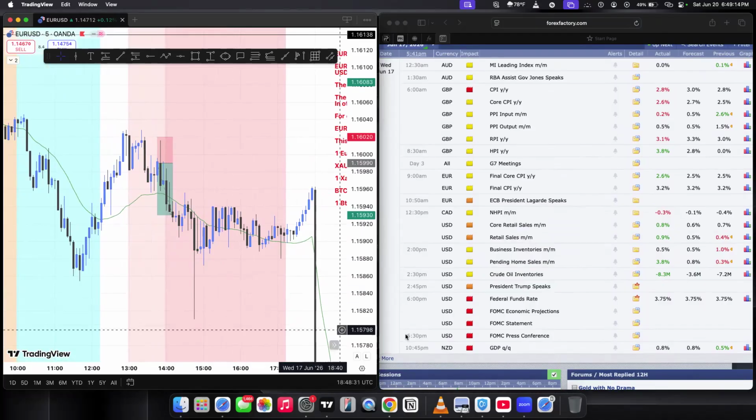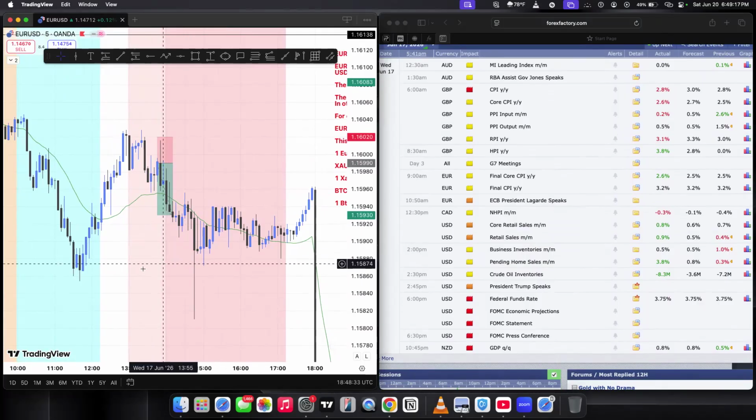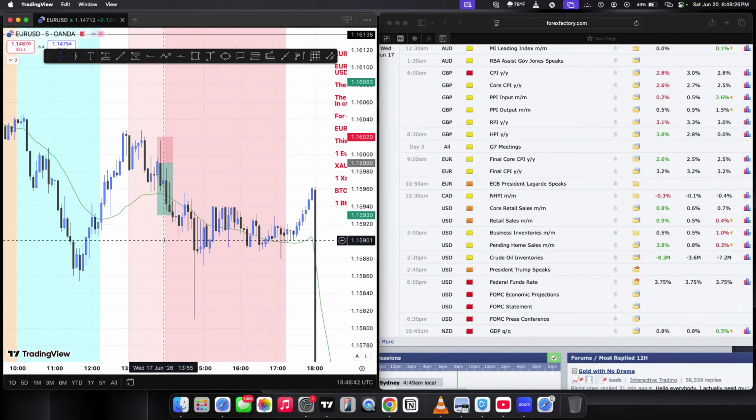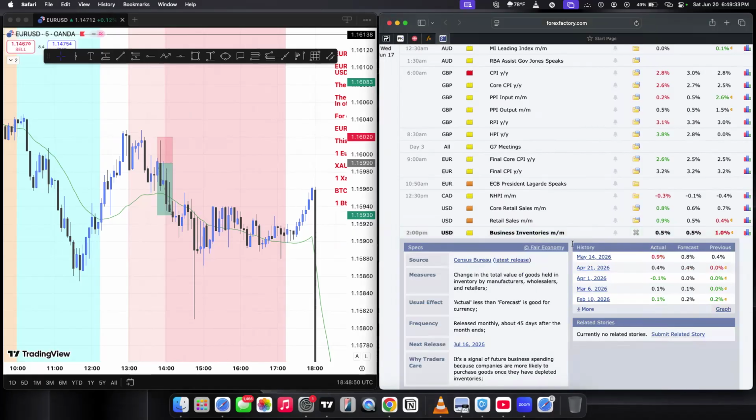And yes, there was news at 2 p.m. I trade from 1 to 3 p.m. At 2 p.m., when I came here, I saw these two low impact news. And this one told me that if the actual ends up being less than the forecast, that means the US dollar is doing good. And that didn't happen.